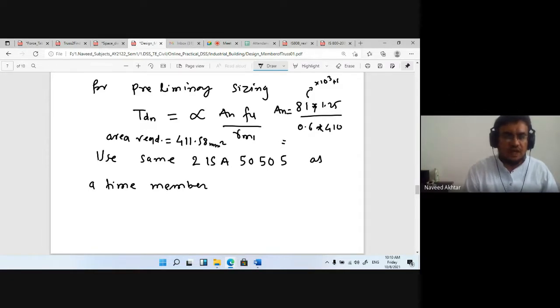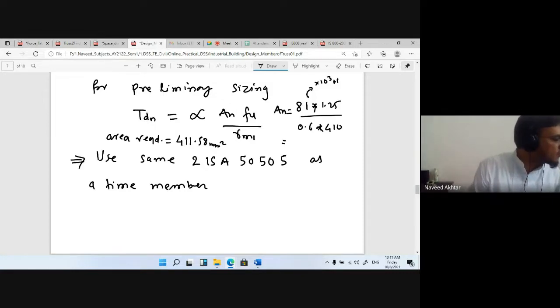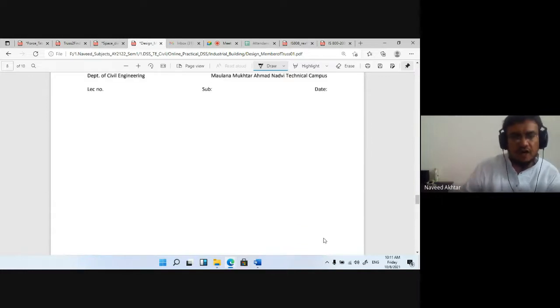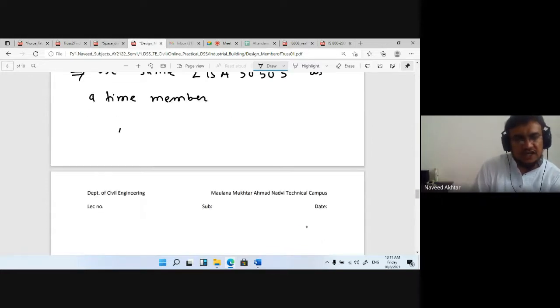If you add the area of the bolt, then that will be larger. So we can use the same member we chose for the rafter. Now we'll check its strength. The area of that chosen section AG is 958 mm square.